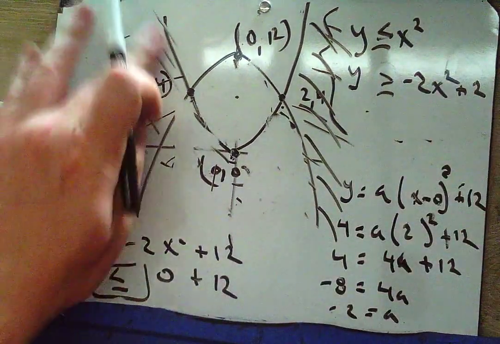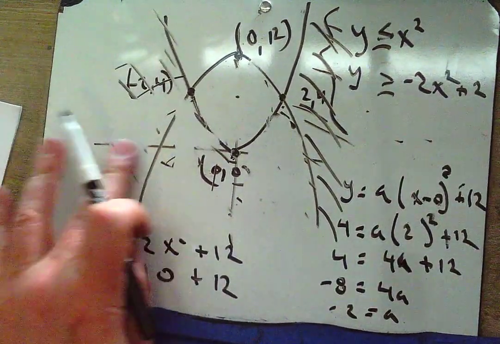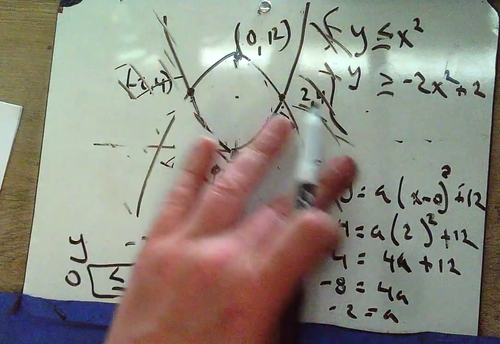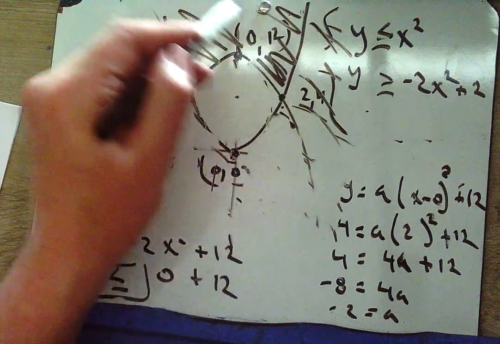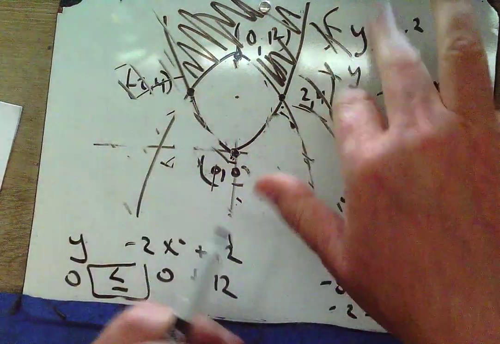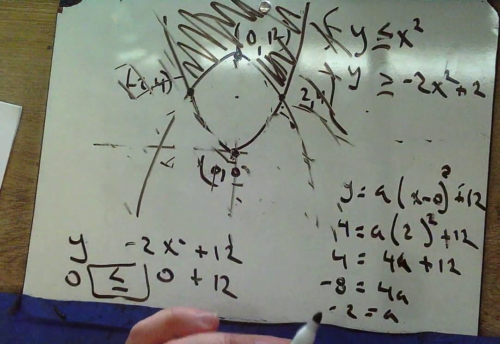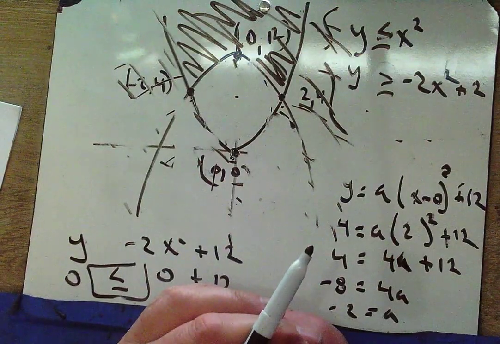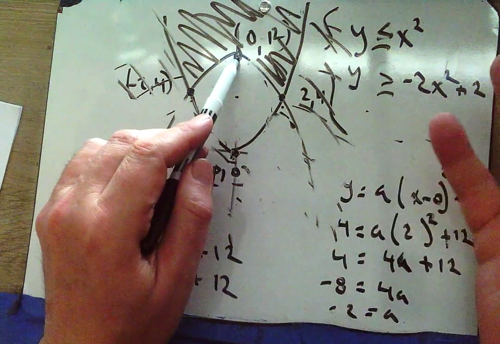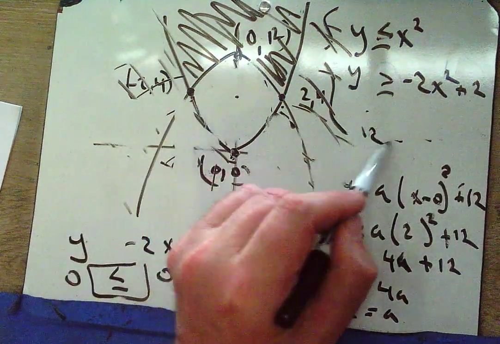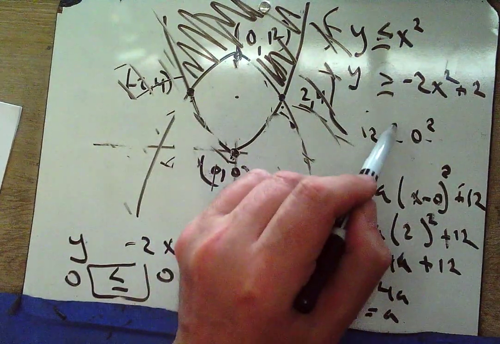Okay? And the last possible shading pattern we could have would be shaded here. So what does that do to these inequalities? Well, I'm inside the up-pointing parabola now. So if I put in 0, 12, I want a yes. So 12, 0 squared, I want that to be a yes.